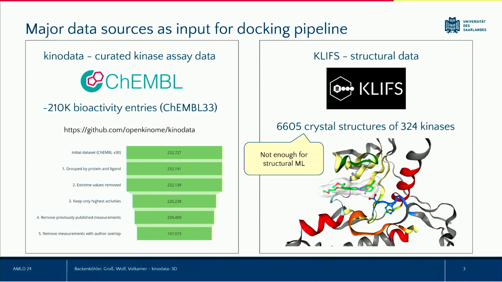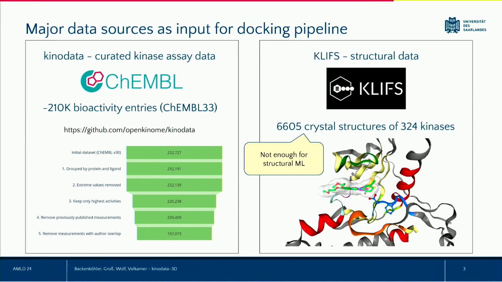But the data situation is not really that well suited to do complicated structural models, which need a lot of data to be trained. So the data we have is often in an academic setting, public repositories such as the ChEMBL repository, where researchers can deposit results of their binding assays.